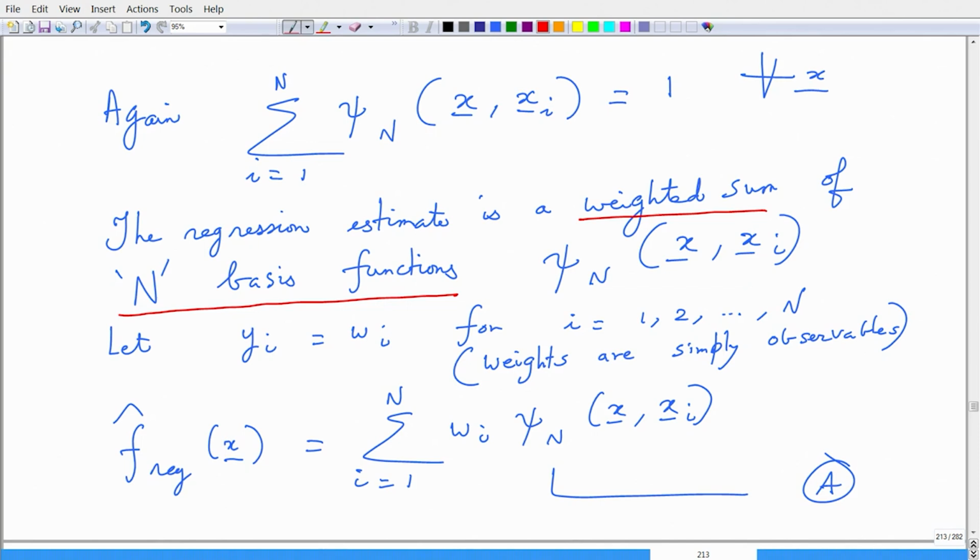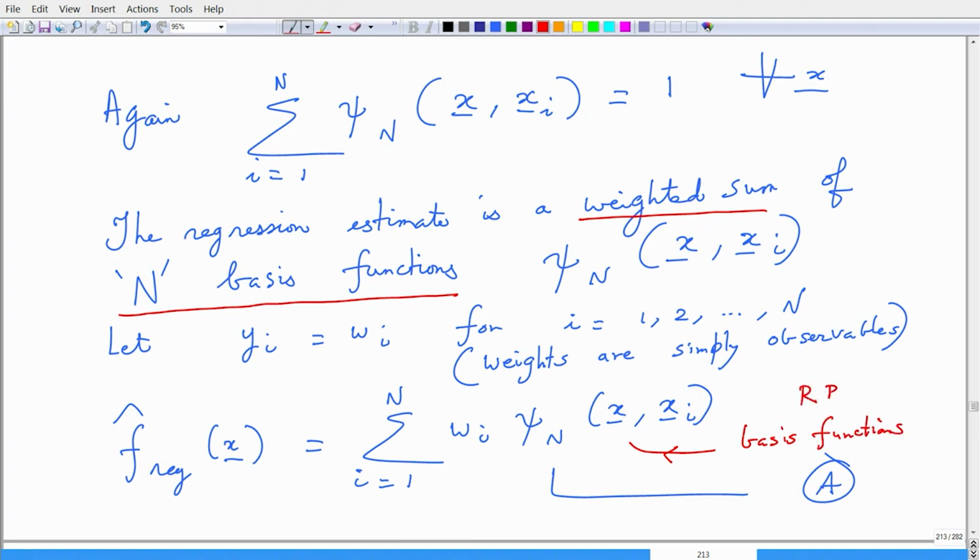You can treat it like this: f reg of x is summation i equals 1 to n of w sub i times psi n of x comma xi. So, it is a different way in which you can interpret it. Here you can say that the weights are like your observables and psi n are the basis functions. So, this is an interpretation using weighted basis functions.